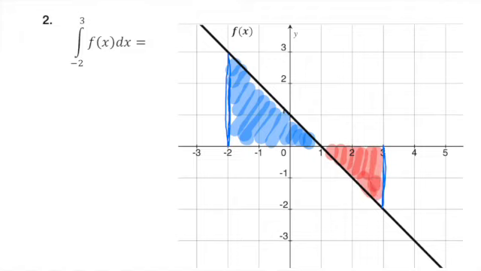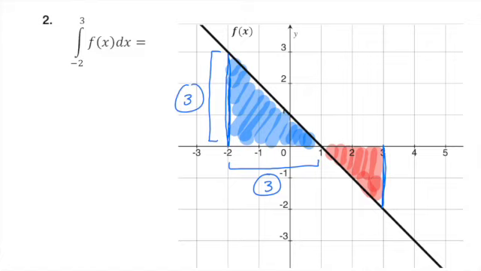And so when you're above the x-axis, that represents a positive area or a net gain. And when you're below, that represents a loss or a negative area. So let's take a look. This is a triangle with a base of 3 and a height of 3.